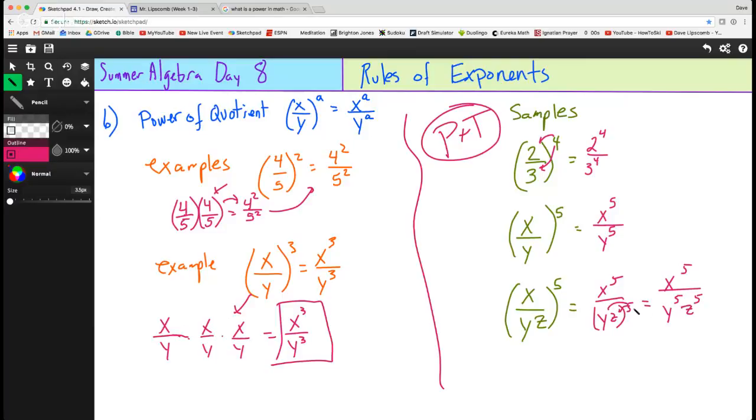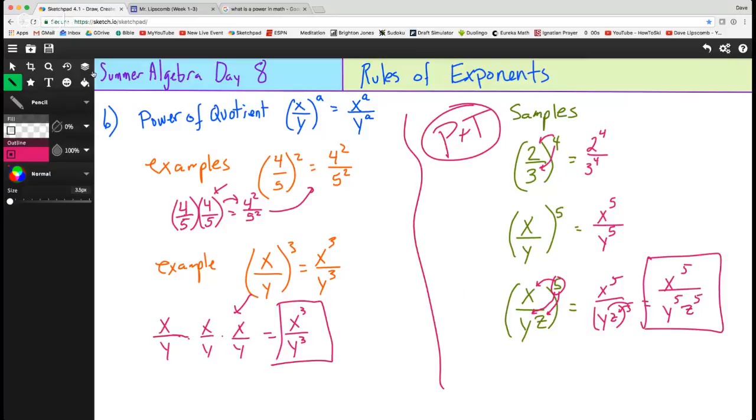So we had to do a 2-stepper, but we could have just said, well, that's 5 here, 5 here, and 5 there. But I did it in 2 steps to make sure that we really understood exactly what we were doing.